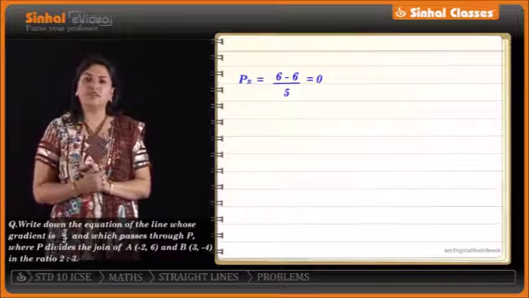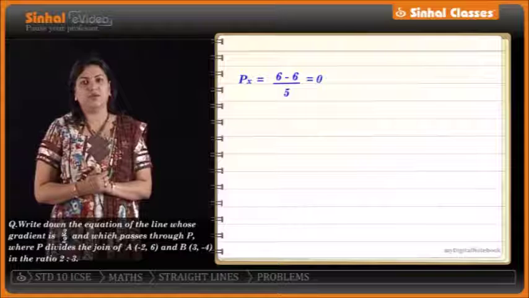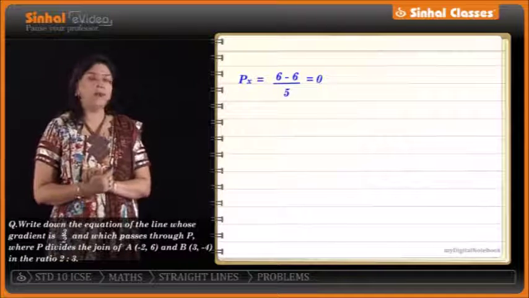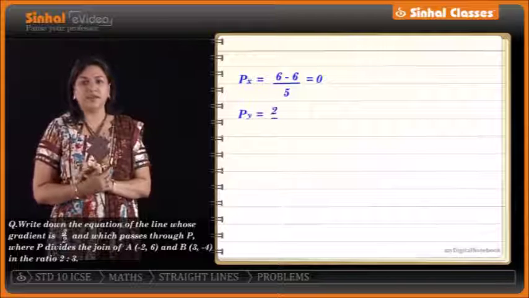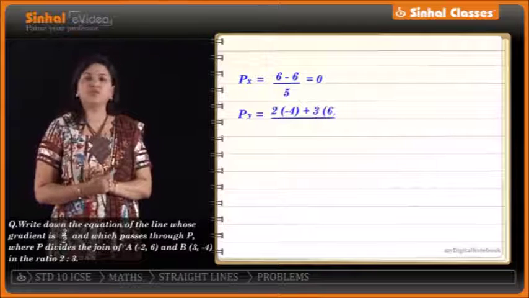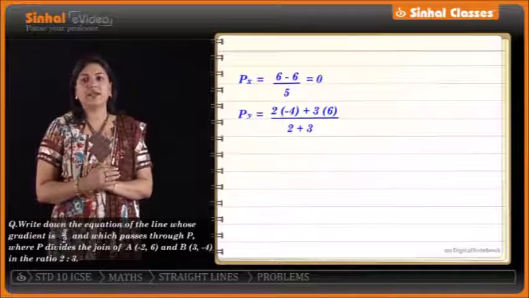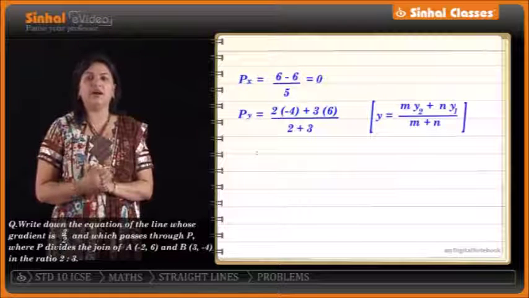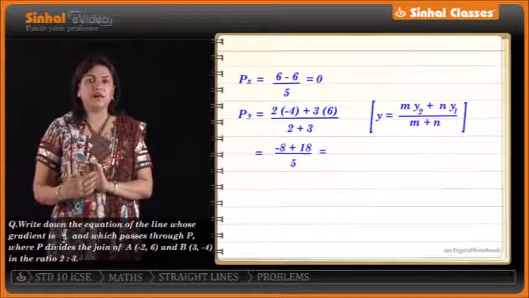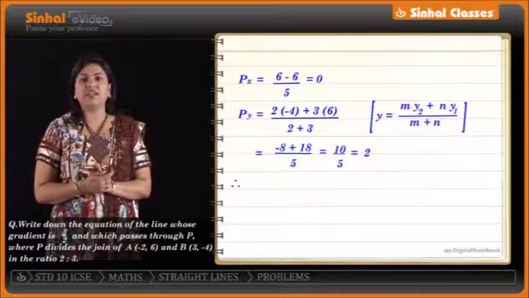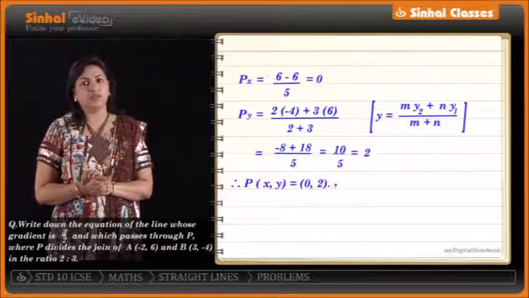So, the x coordinate for point P is 0. Same way, we'll find the y coordinate. We have Py as (2 into minus 4 plus 3 into 6) upon (2 plus 3), that is (minus 8 plus 18) upon 5, 10 upon 5, that is 2. So the coordinates of point P are (0, 2).